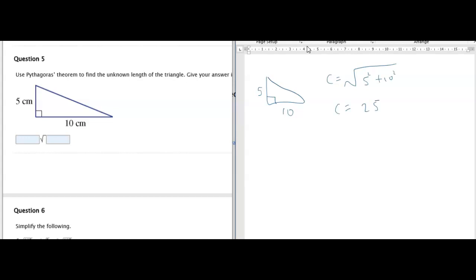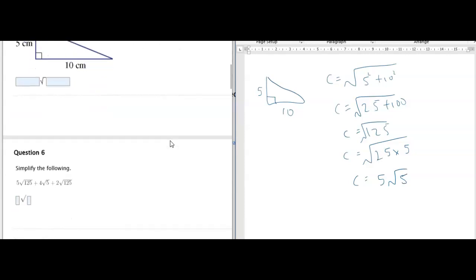That's 25 plus 100, so that's 125, and we need to simplify that. The highest square number that goes into 125 is 25, and 25 goes into 125 5 times. So the square root of 125 is 5 root 5.